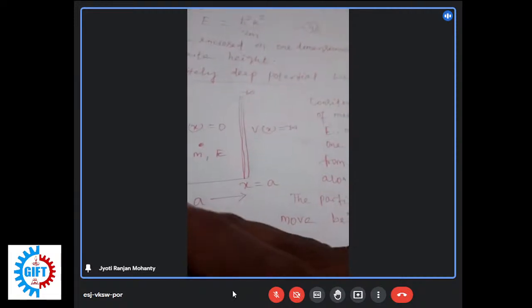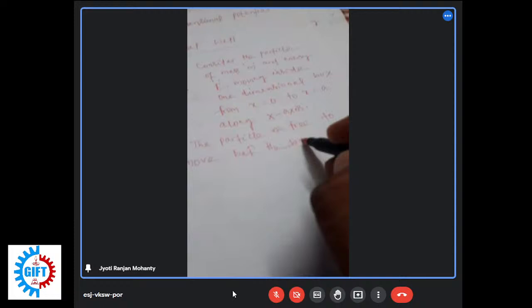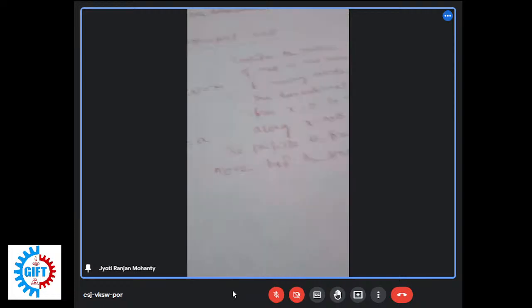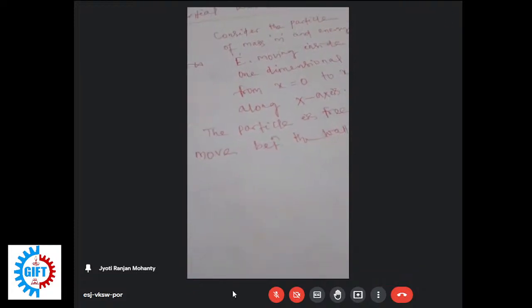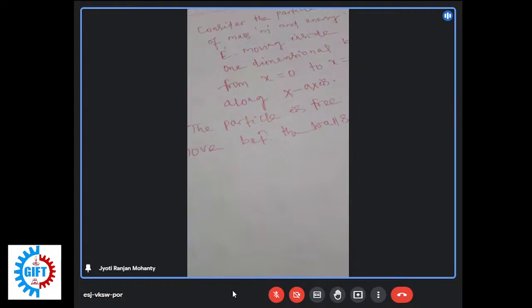So these are the walls, the particle is free to move between the walls.